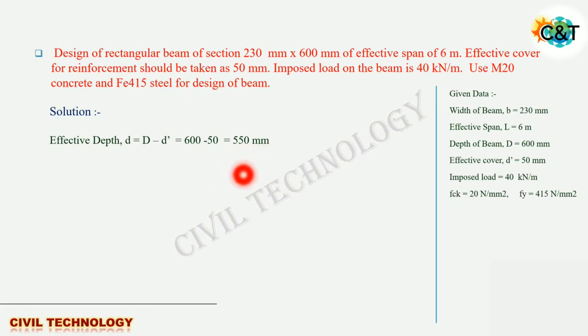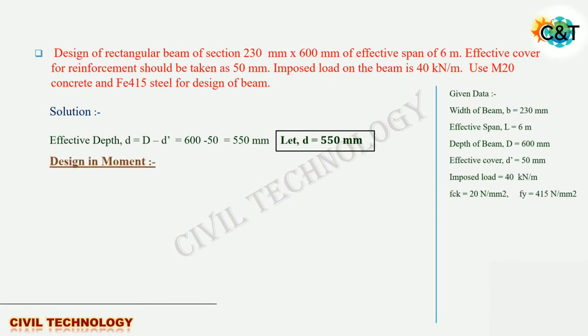This depth we use for our moment and shear force calculation. So please note down this effective depth value somewhere. I will also give that value here, whatever we calculate, so you can easily correlate the things.